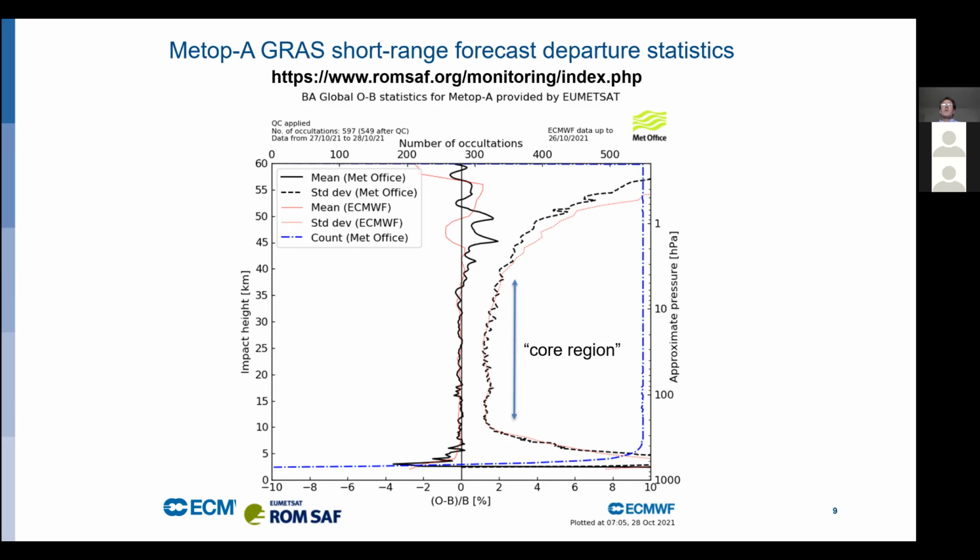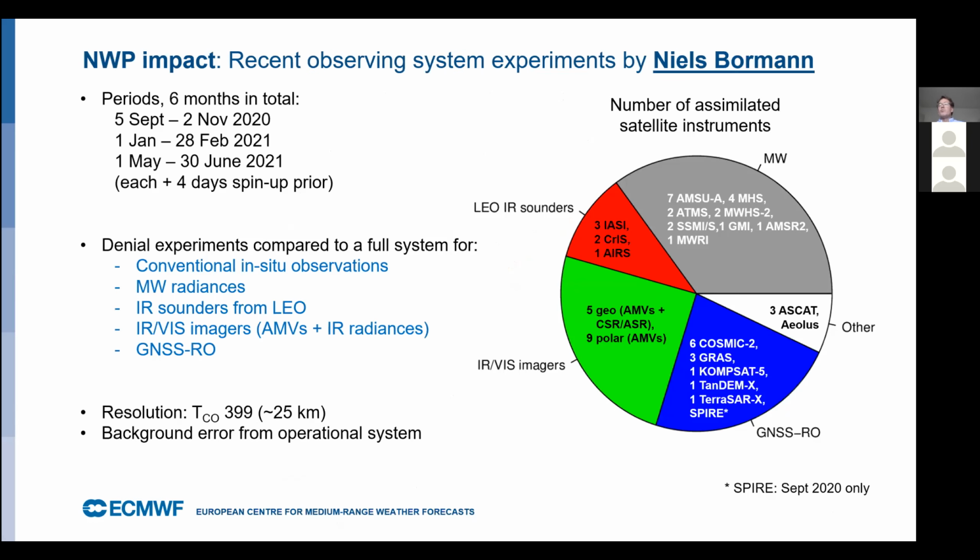So what I'm going to do now is go through some results that were produced by Niels Bormann very recently and presented at the annual seminar at ECMWF. Now, when you have these different observing systems going into an NWP system, what you'd like to do occasionally is pull them out and see what impact that has on the forecast.